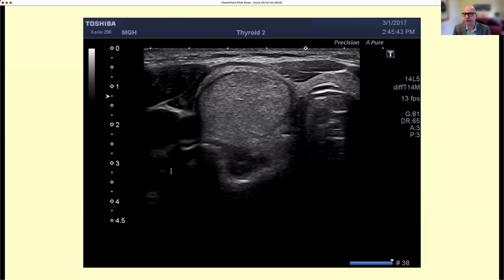I don't know the blood flow. I haven't seen it here, but it doesn't really matter a lot. And I don't see calcifications, and it is homogeneous. So these are nodules that, for the most part, are benign, but they have the potential for being follicular adenomas or follicular carcinomas, or so-called follicular variants of papillary thyroid cancer.